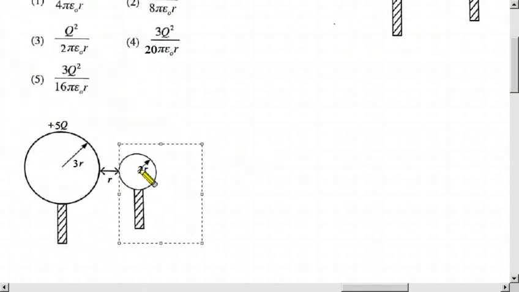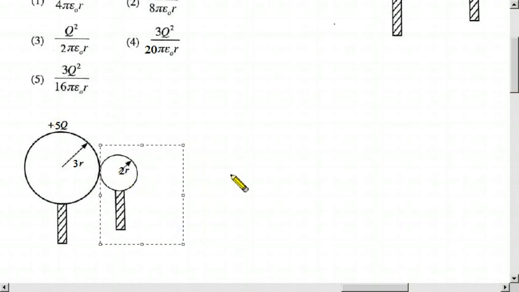So we have to follow the same path. Suppose x came here, the remaining charge is 5q minus x here.